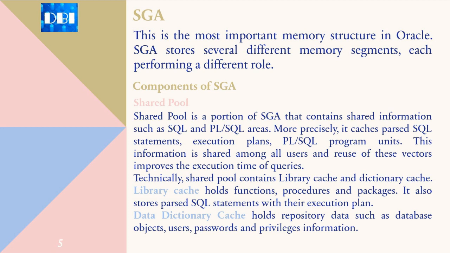Technically, shared pool contains library cache and dictionary cache. Library cache holds functions, procedures, and packages. It also stores parsed SQL statements with their execution plan. Data dictionary cache holds repository data such as database objects, users, passwords, and privileges information.